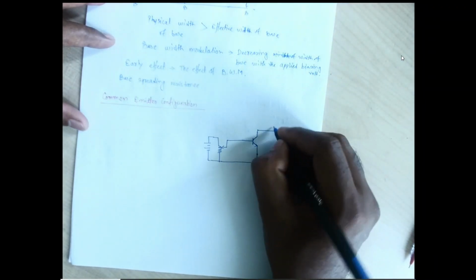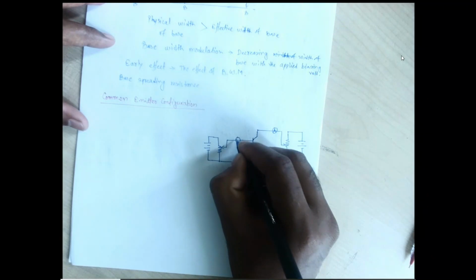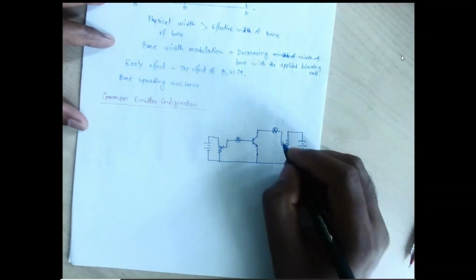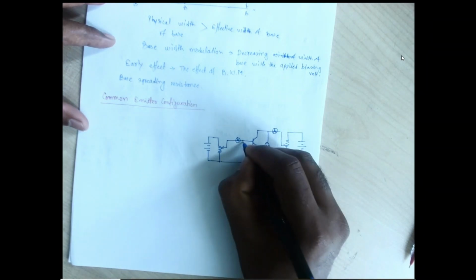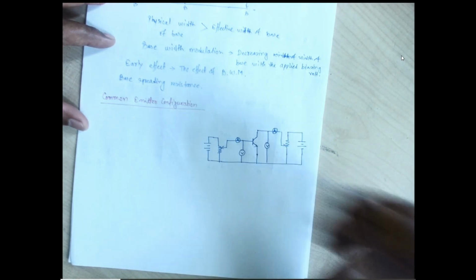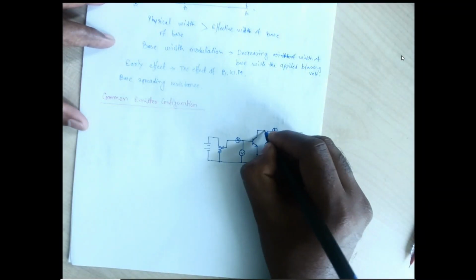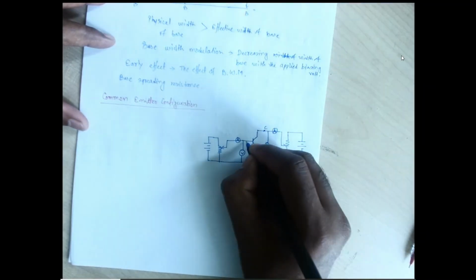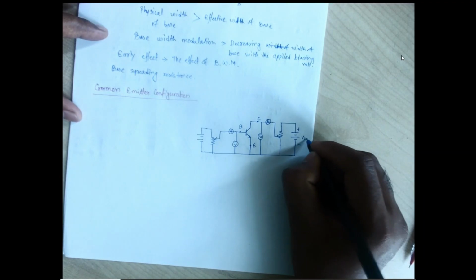Here we can connect an ammeter to measure the current. We can also connect a voltmeter to measure the voltage. So this is the collector, emitter, this is our base. This voltage is VCC.